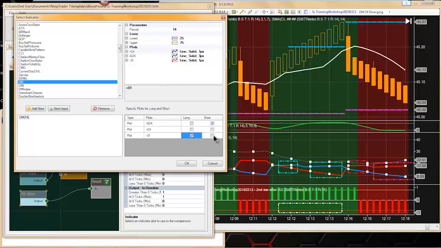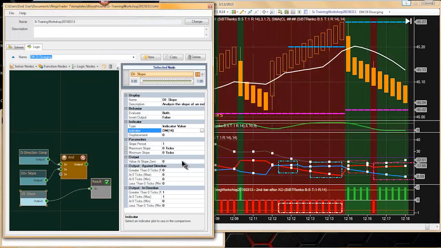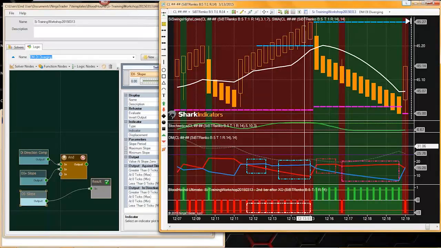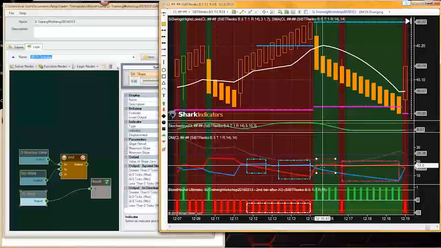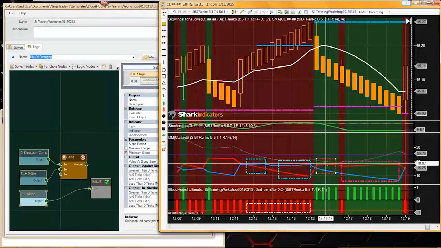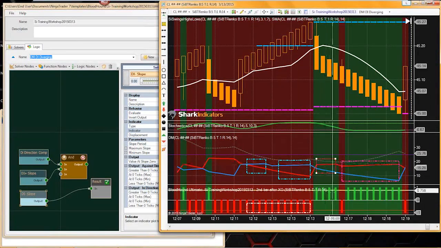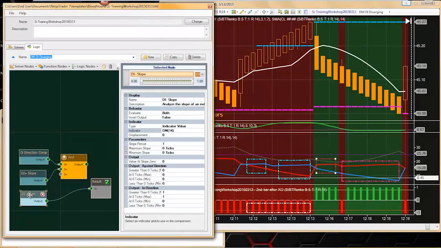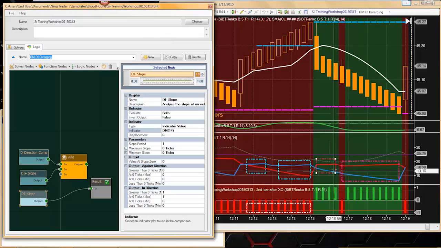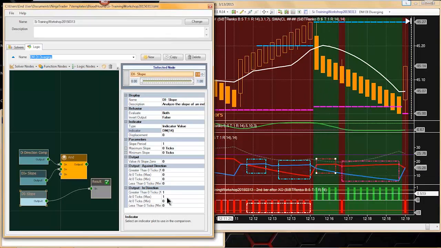All right, so we're going to set the DI minus up. Now, when the DI minus is above, that's really a short situation, but look, we're getting a long output. So really, we're in a downtrend, and we want a short output.